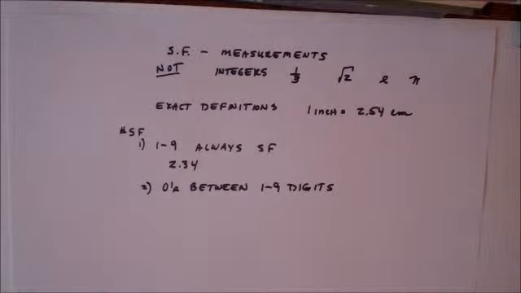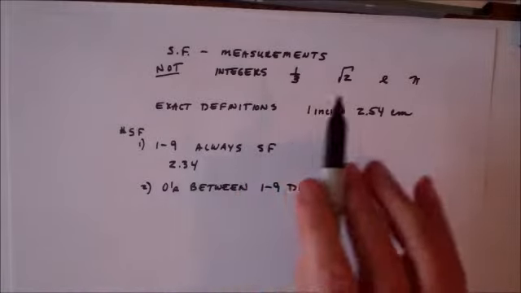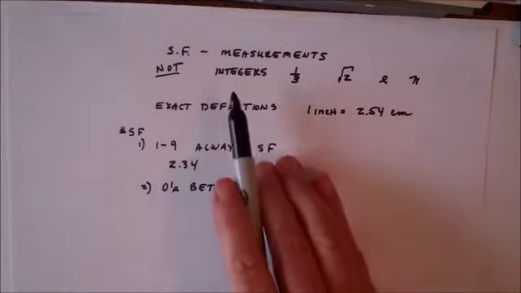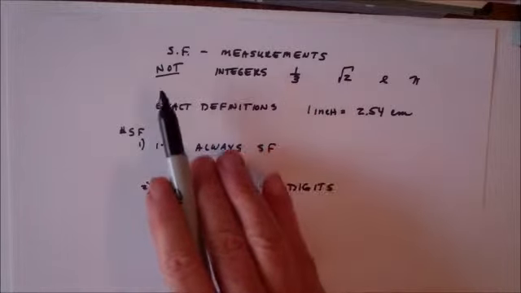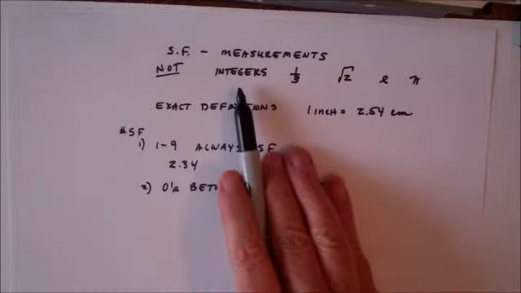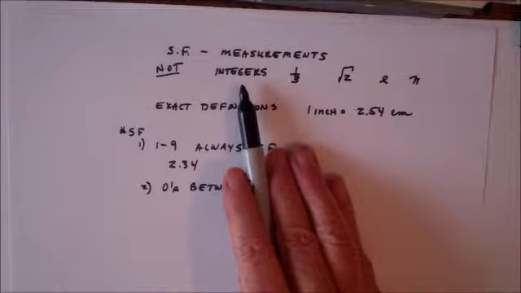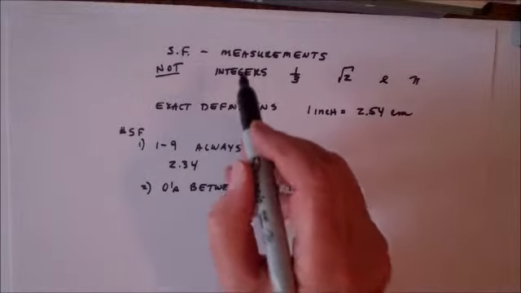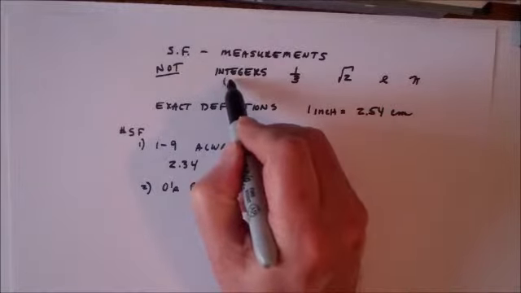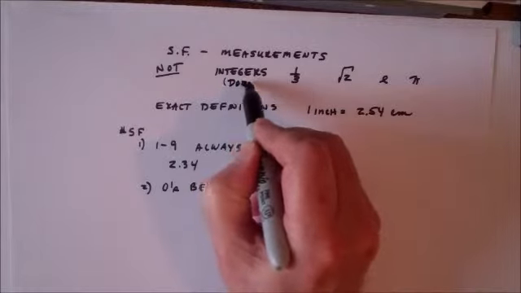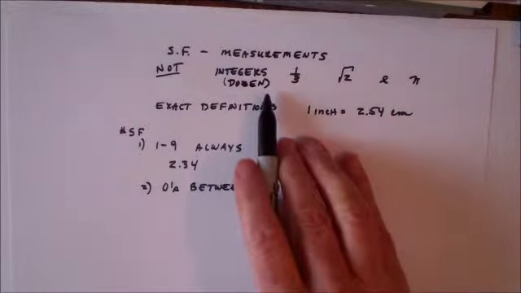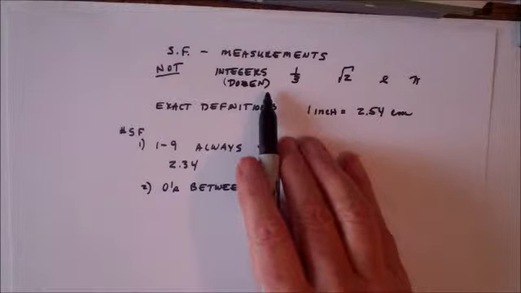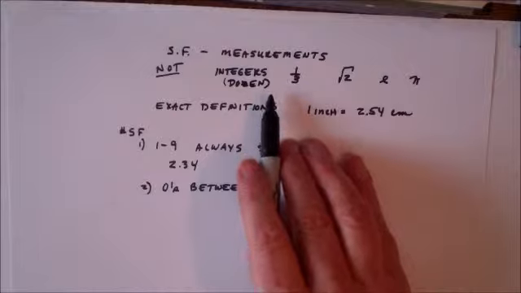Significant figures are meant to represent the uncertainty in measurements, so there are several situations where the rules for significant figures do not apply. For instance, integers. If you can count exactly the number of objects, for instance, if we have a dozen, or if there are 6 people in an elevator, we don't have to worry about the uncertainty of an estimated fraction of a person.